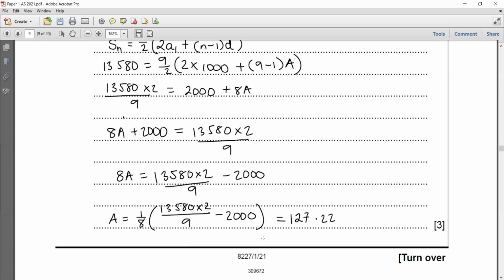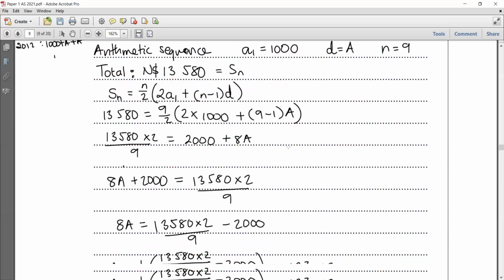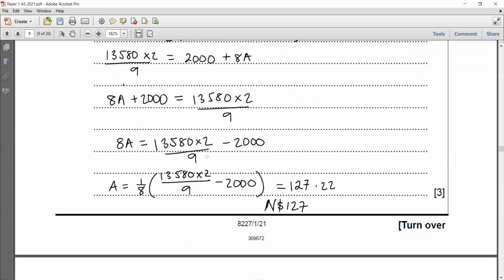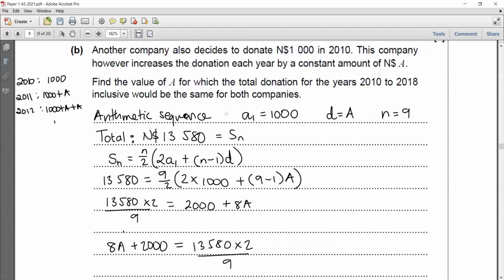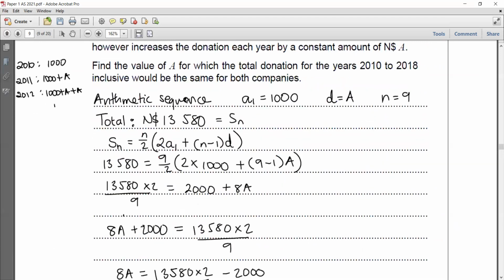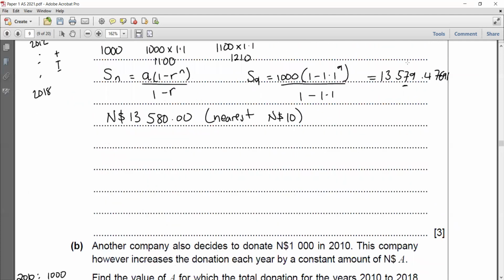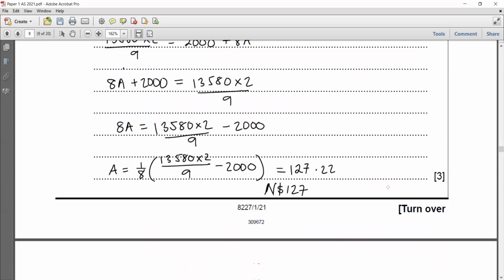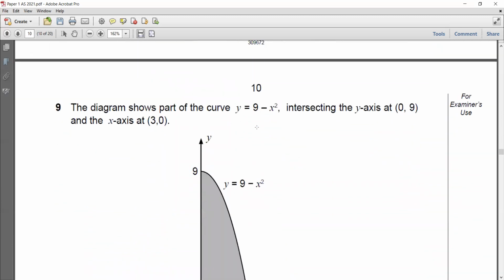Okay, so to 3 significant figures, you would say they donate $127. And you can try that. So every year they must add $127 to what they donated the previous year. You'll see that the values are actually very close, because even this 13,580 was not the exact value. It was rounded to the nearest 10. So even this one is also a rounded off value, but that's how you would do it.